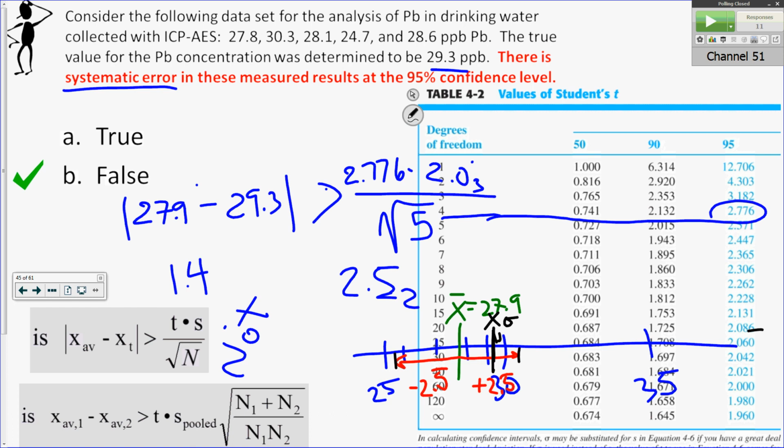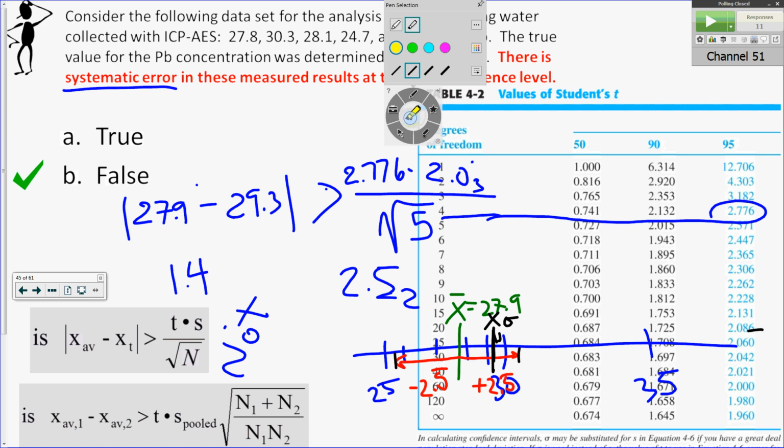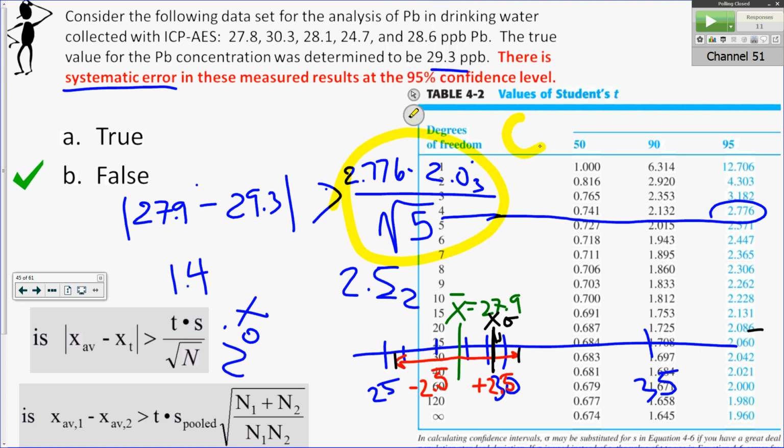I'm just helping you visualize it. This is nothing more than the confidence interval that we learned to calculate yesterday. You apply that window around your average, and does the true value fall in that window or not? Sometimes it helps to see this visually on a number scale.